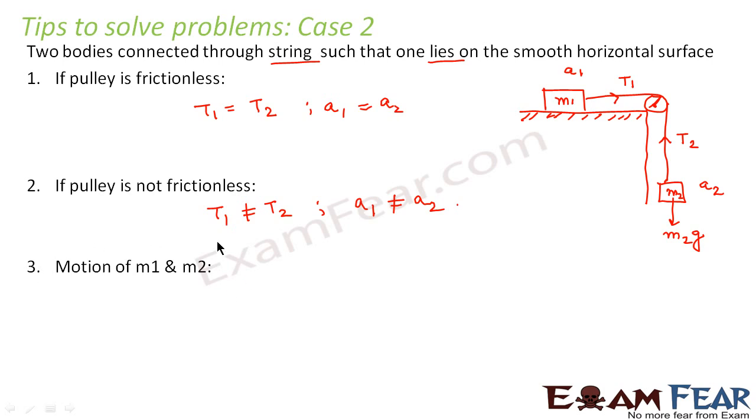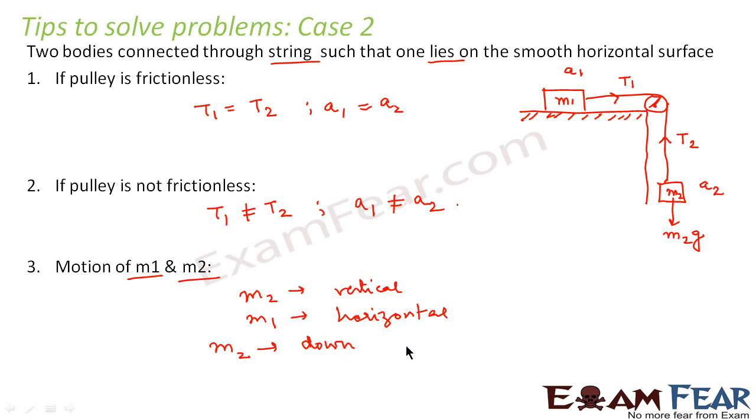Now let's talk about the motion of M1 and M2. In this case, the motion of M2 will be in the vertical direction, whereas the motion of M1 will be in the horizontal direction. That is, if M2 moves downwards, then M1 moves towards the right.